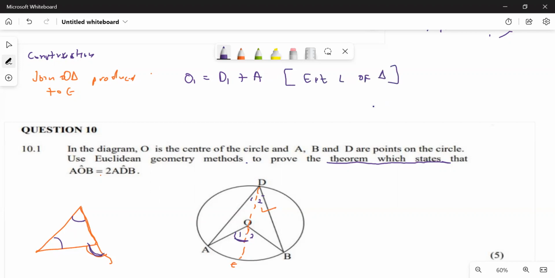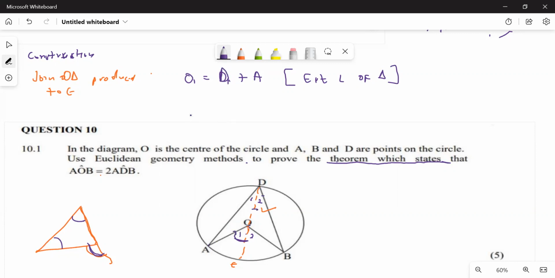Mind my D, let's be careful of that. This is D, it's not O. Okay, this is O, this is D. So we have D1. What else can you tell me? This one is OD and this one is OA, so these two sides are equal.